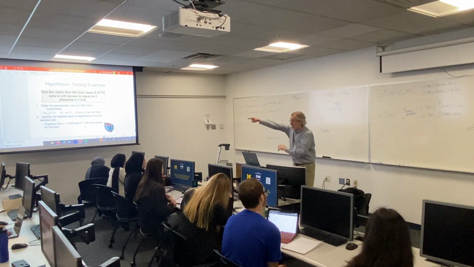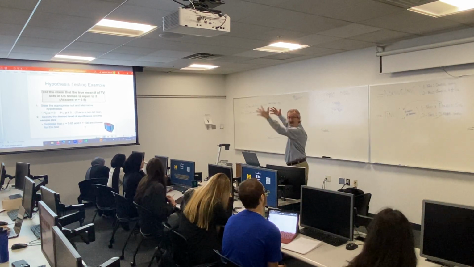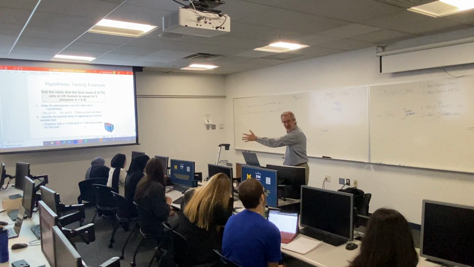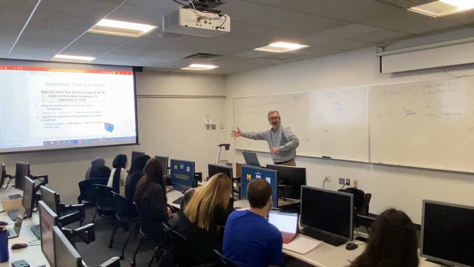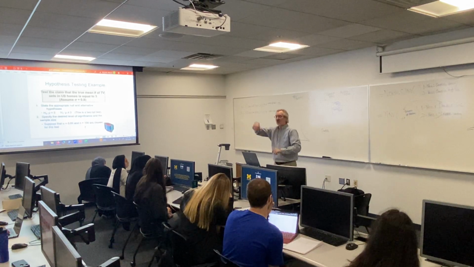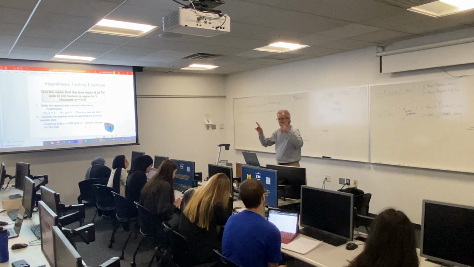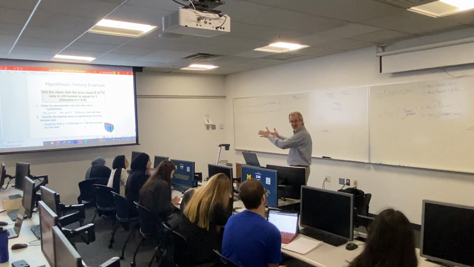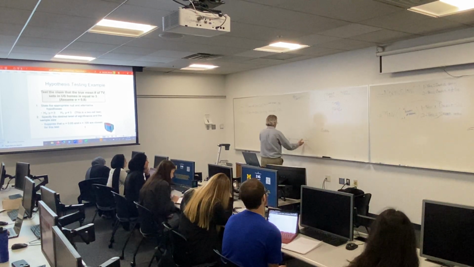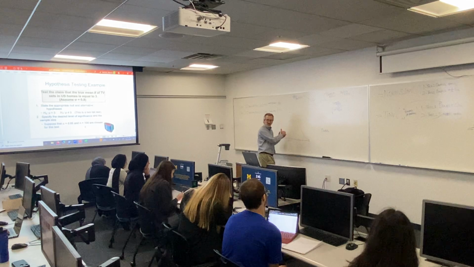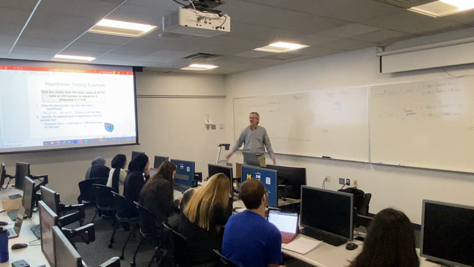If what I calculate is outside, either below negative 1.96 or larger than positive 1.96, I'm rejecting the null hypothesis. But if it falls inside those two numbers, because it's a two-tail, I can't reject the null hypothesis.